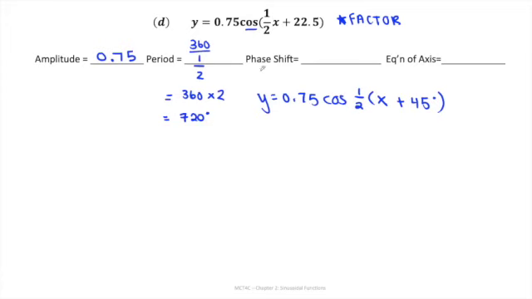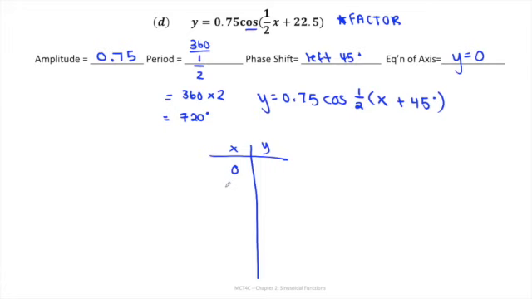Then you're going to look at your factored equation, and then you know that you're going to move left 45 degrees. We have no c value at the end, so you know your equation of your axes is just going to be y equals 0. Okay, so lots happening again there.